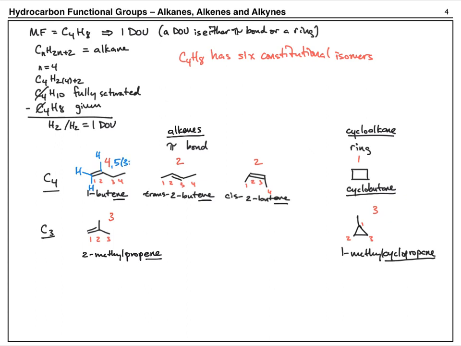We have a methylene group. Then we have this CH. And now this alkene sp2 hybridized carbon, even though it has 2 hydrogens on the same carbon, they are both different because they have differing relationships to the existing H here. So that relationship is different from this relationship. So that's how we get a total of 5.